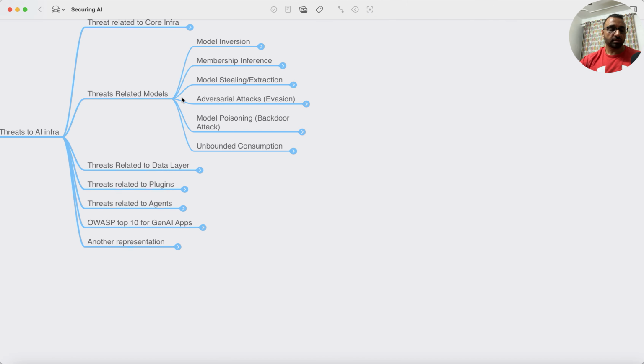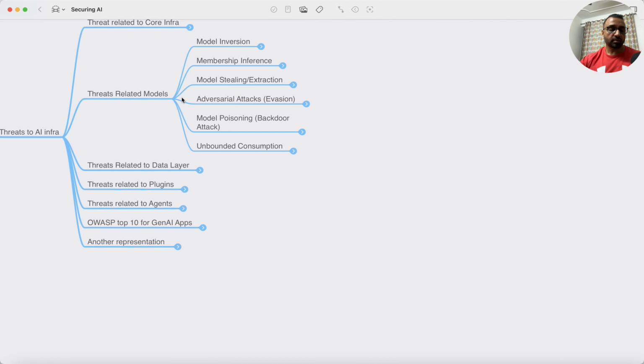These threats include model inversion, membership inference, model stealing or extraction, model evasion, model poisoning, and unbounded consumption. Okay, so let's start with the model inversion threat. This is all about extracting sensitive information from the original training data by querying the model, and this happened with GitHub Copilot as part of one of the research efforts.